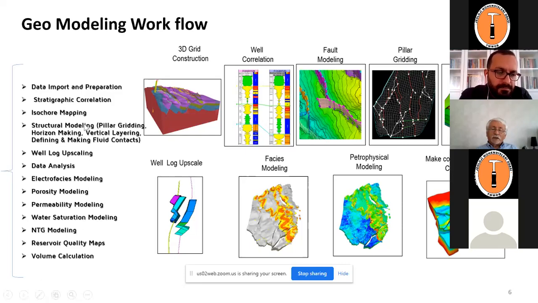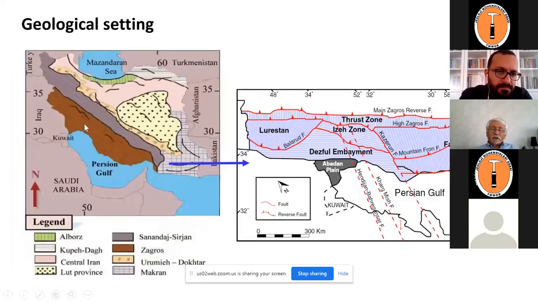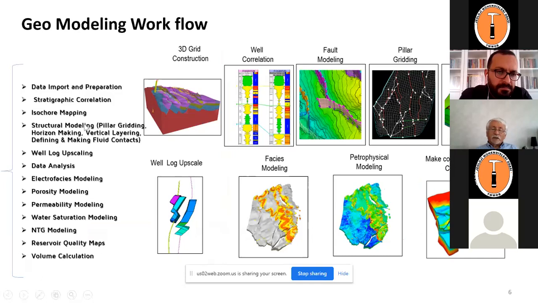Also, we need to prepare thickness maps such as isocore maps or isopach maps. And after preparing the isocore maps and stratigraphic correlation and so on, we can make a structural model, as I mentioned in the last slide.